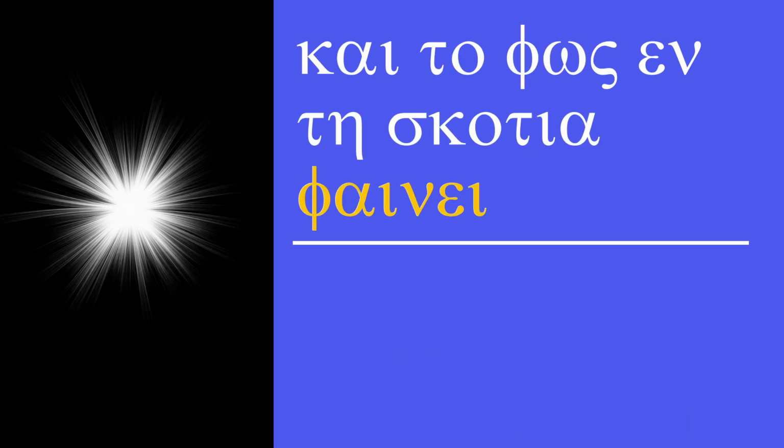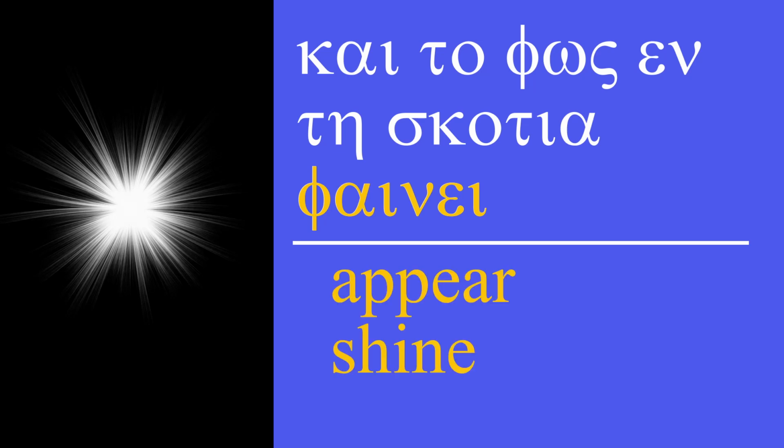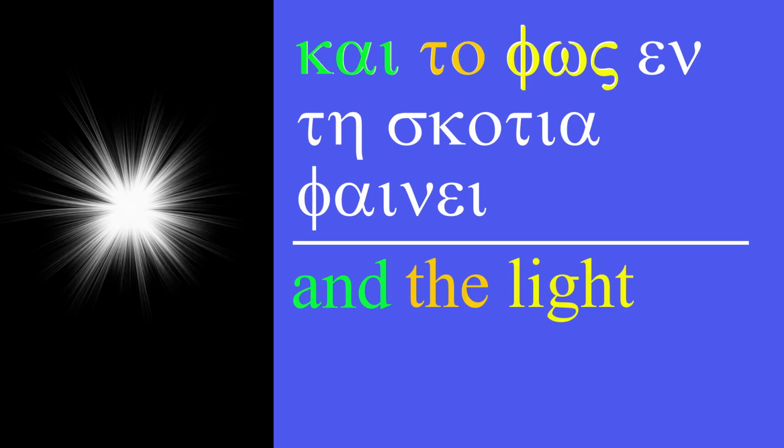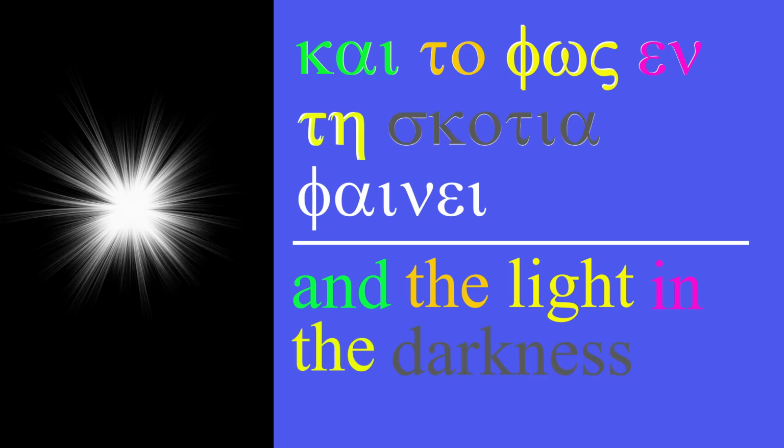Pheni is the verb for this sentence. It means appear or shine. We have this word in English in phenomenon and phantom, things that appear or shine. Let's run through this sentence now. Ke, and, to, the, phos, light, en, in, ti, the, skotia, darkness, pheni, appears.